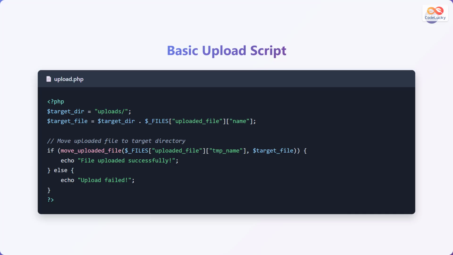This function takes two arguments: the temporary location of the uploaded file, which is $_FILES['uploaded_file']['tmp_name'], and the target file path where the file should be moved. If the file is successfully moved, the script outputs "File uploaded successfully!" If the move fails, it outputs "Upload failed!"